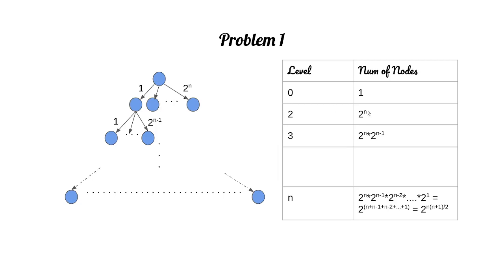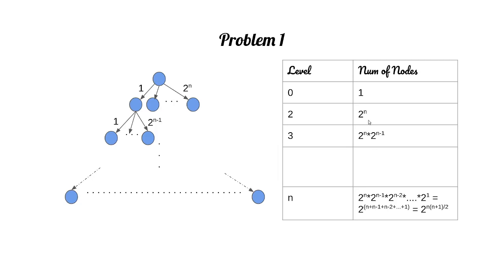So level 1 has 2 to power n nodes, and level 2 has 2 to power n into 2 to power n minus 1 nodes, because for every node in level 1 it is going to call 2 to power n minus 1 functions. So therefore we have 2 to power n multiplied by 2 to power n minus 1 function calls, that is this many number of nodes.